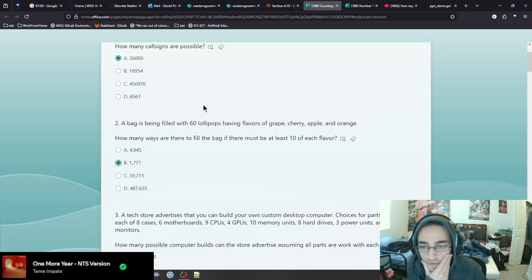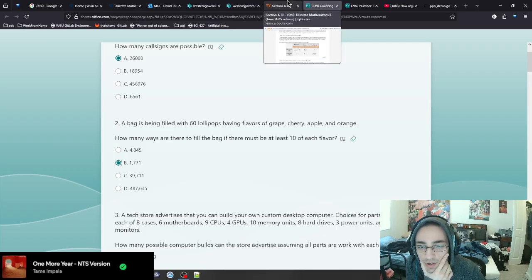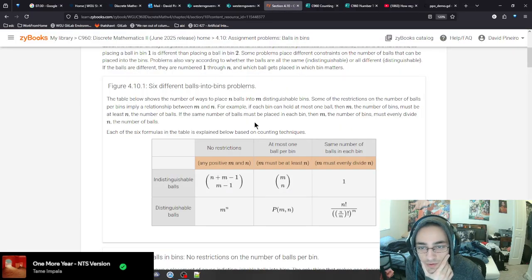Let's see, I think now this is correct because, did I word this properly? So you have bins and balls, and there are restrictions on the number of balls per bin. Okay.